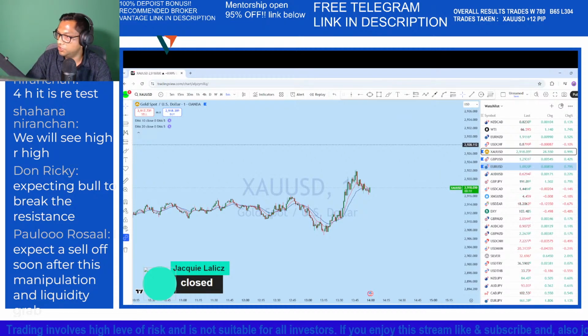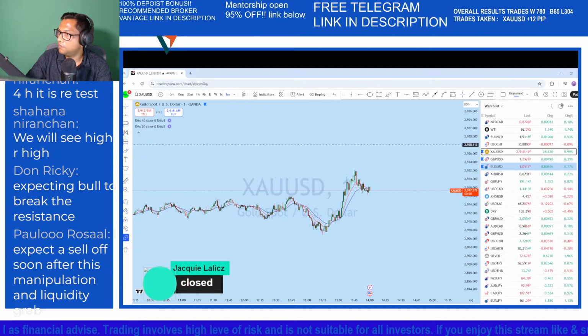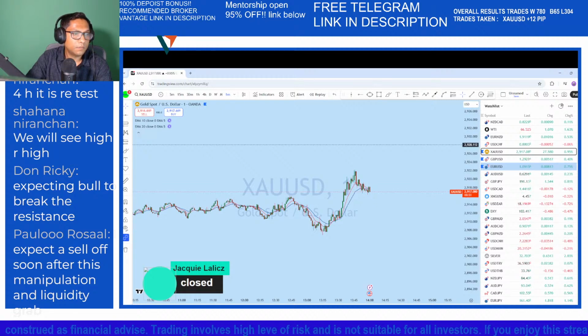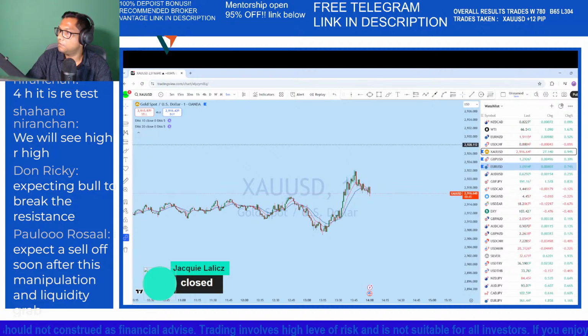For the time being, we'll be waiting to see what's happening as soon as we see that move. So it didn't move much yet.